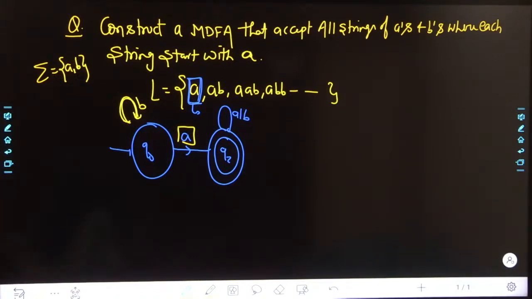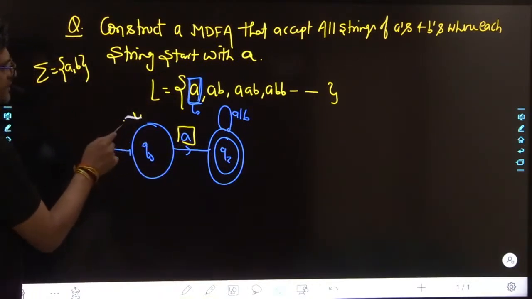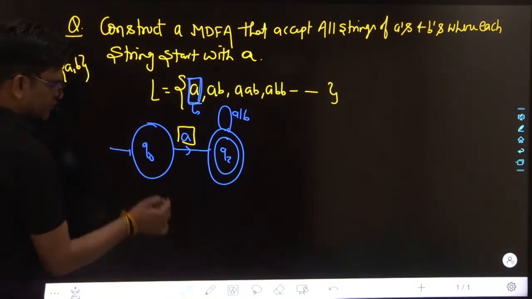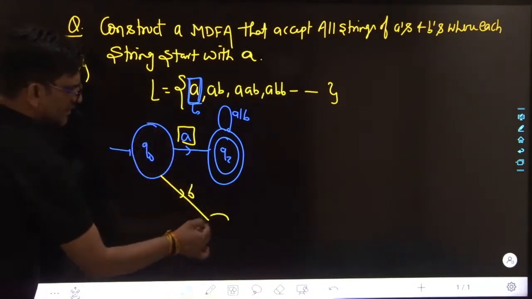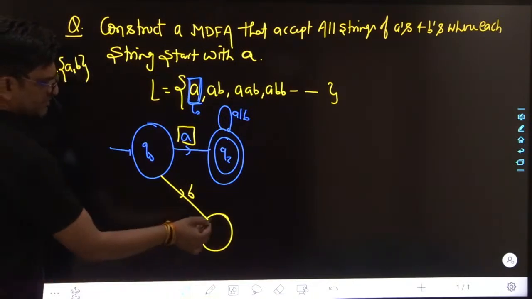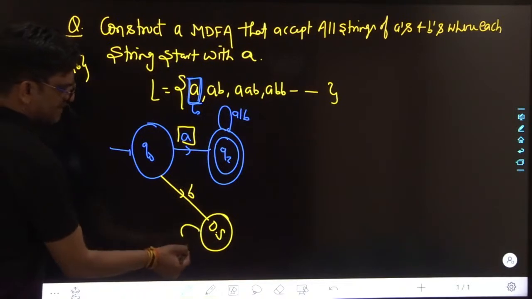Whenever B comes in the starting position, it goes into another state, known as the dead state or trap state.